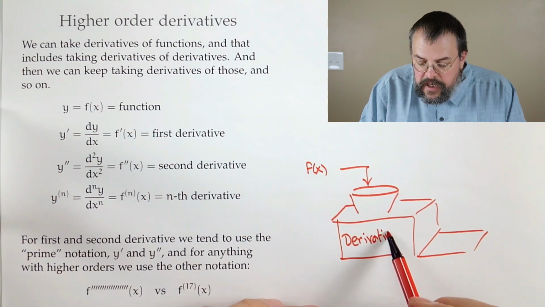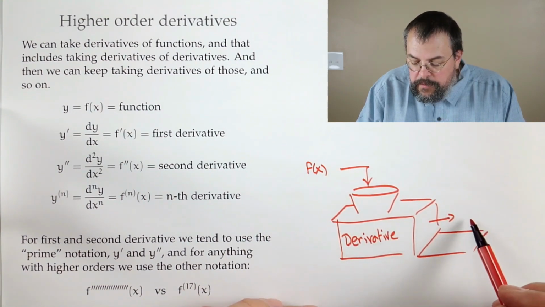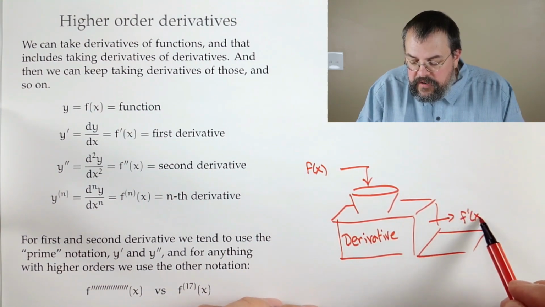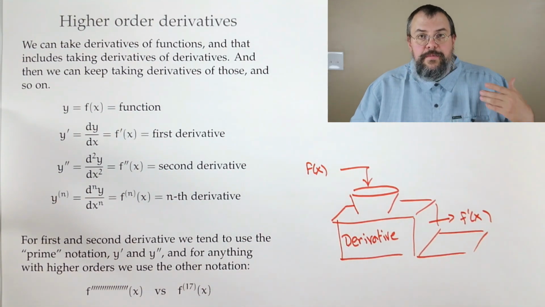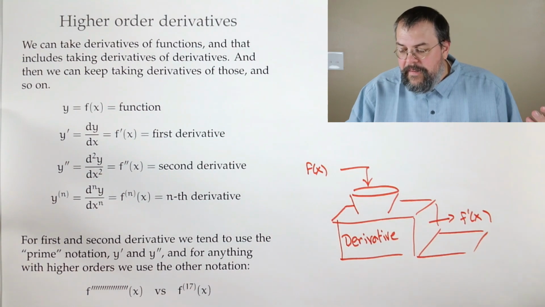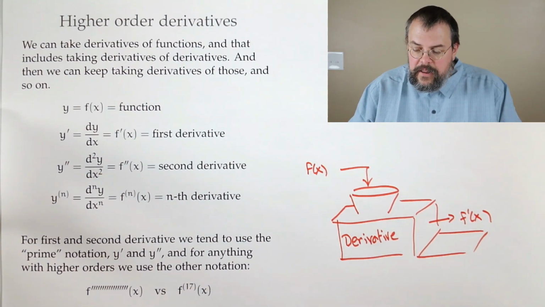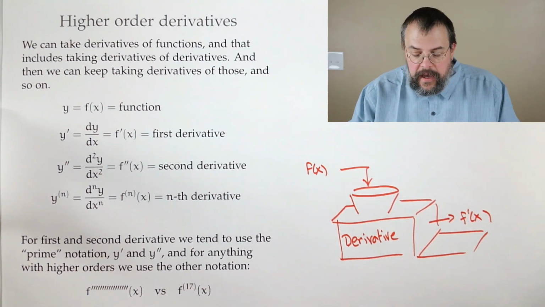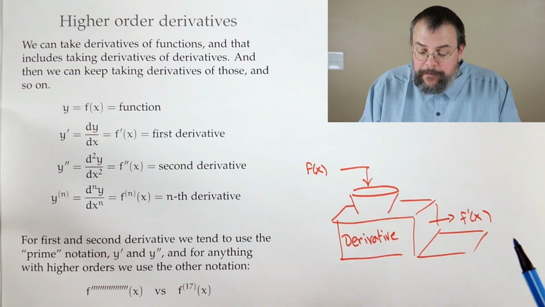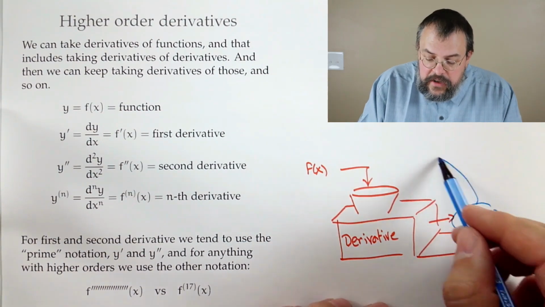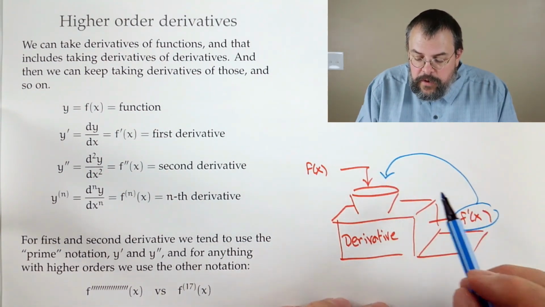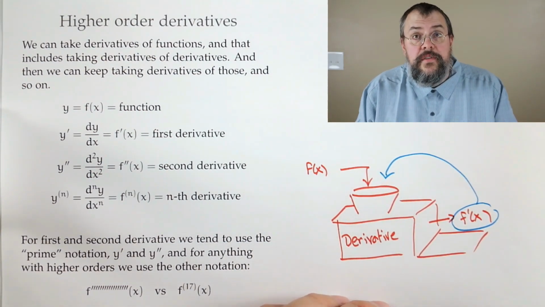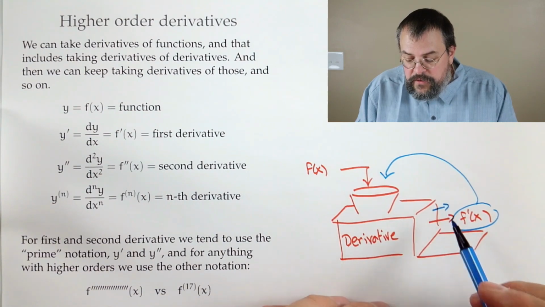And what will happen is out of this will come something called f prime of x. It's a new function. So what does it mean to take another derivative? Well, the idea is to say, hey, let us start with the derivative that we have, and let's feed that back into the machine. And if we feed the first derivative in, well, that'll be the derivative of the derivative. And out comes a new function.